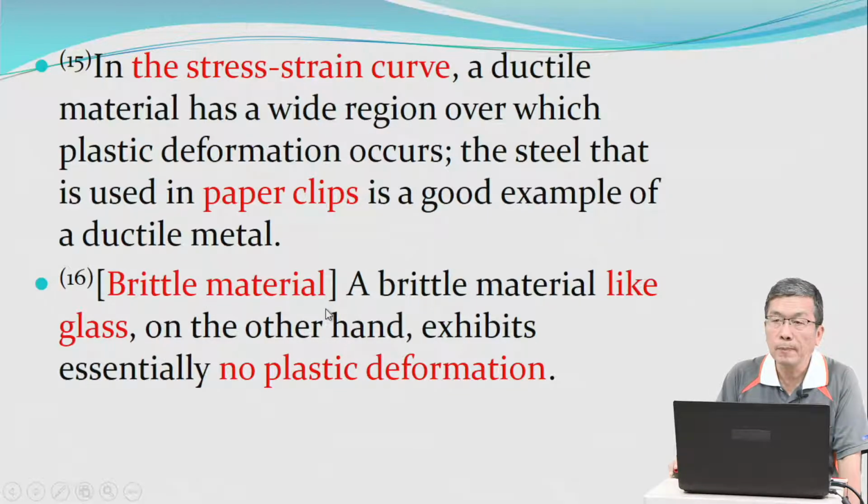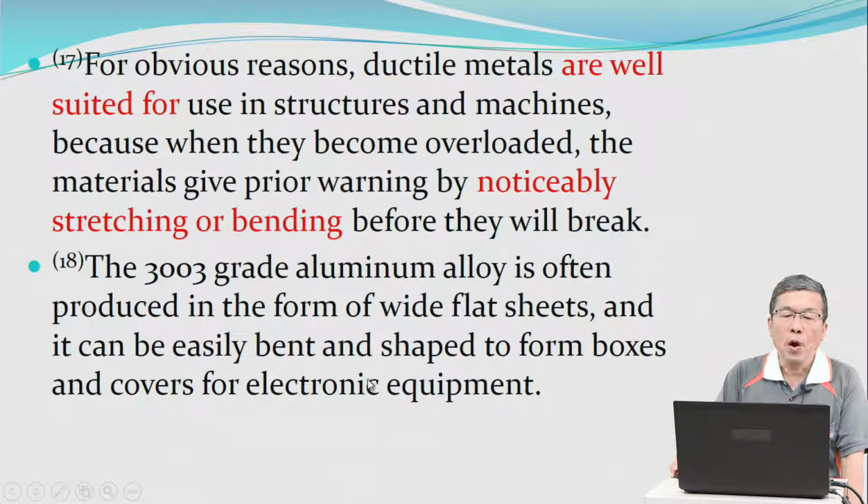Brittle material: a brittle material like glass, on the other hand, exhibits essentially no plastic deformation. For obvious reasons, ductile metals are well suited for use in structures and machines, because when they become overloaded, the material gives prior warning by noticeably stretching or bending before they break.